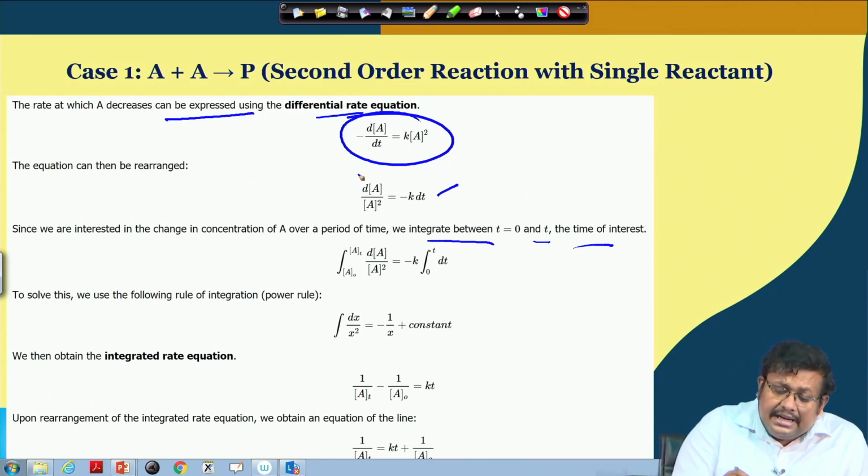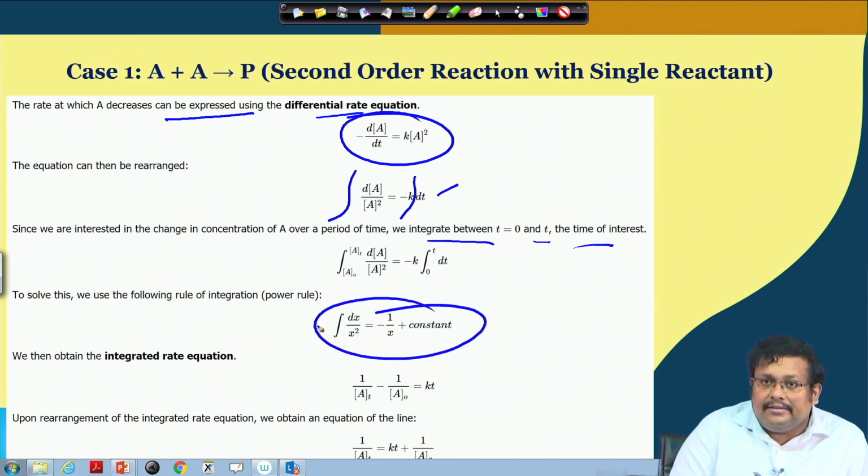So we take integration on both sides, from T0 to T and from A0 to AT. To solve this we take the help of the relationship that the integration of dx by x squared equals minus 1 by x plus a constant.